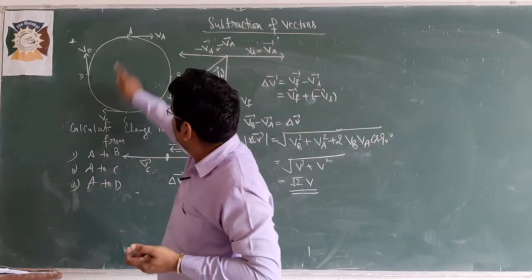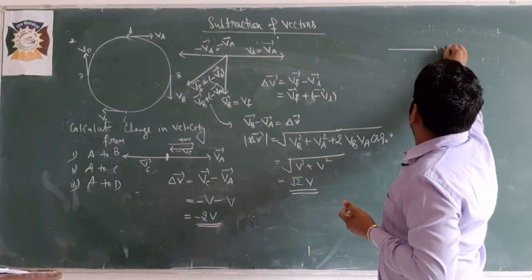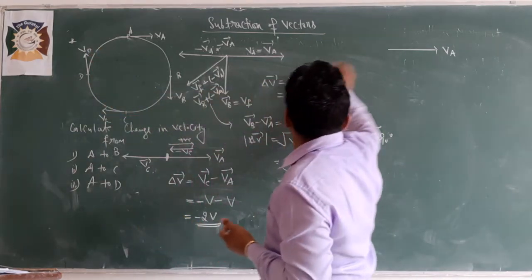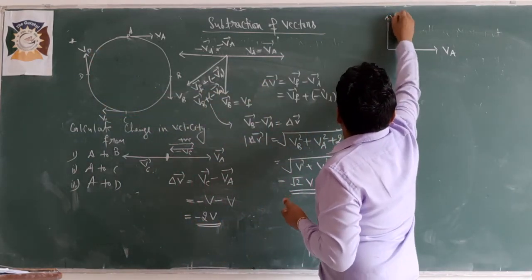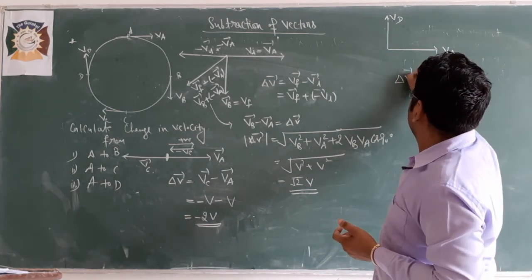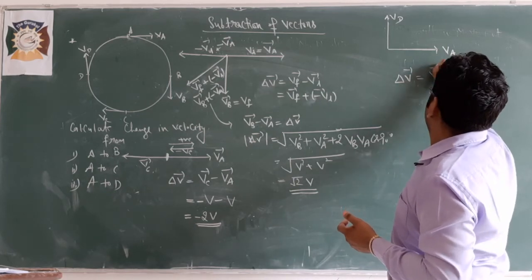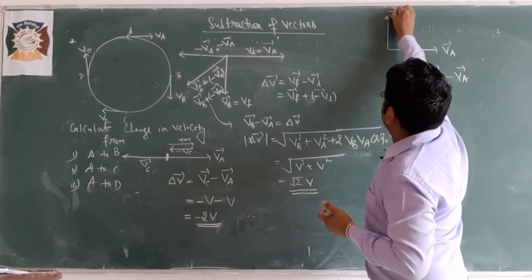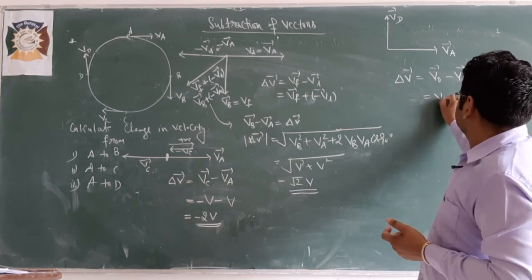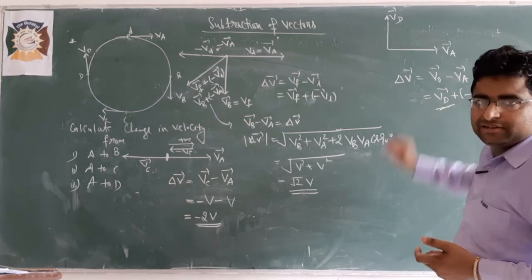A to D. A to D, at A look how the vector is, in this way, and at point D it is upwards. Clear? So here delta V equals Vd minus Va. Clear? It means we have to add the negative of vector A in vector Vd.